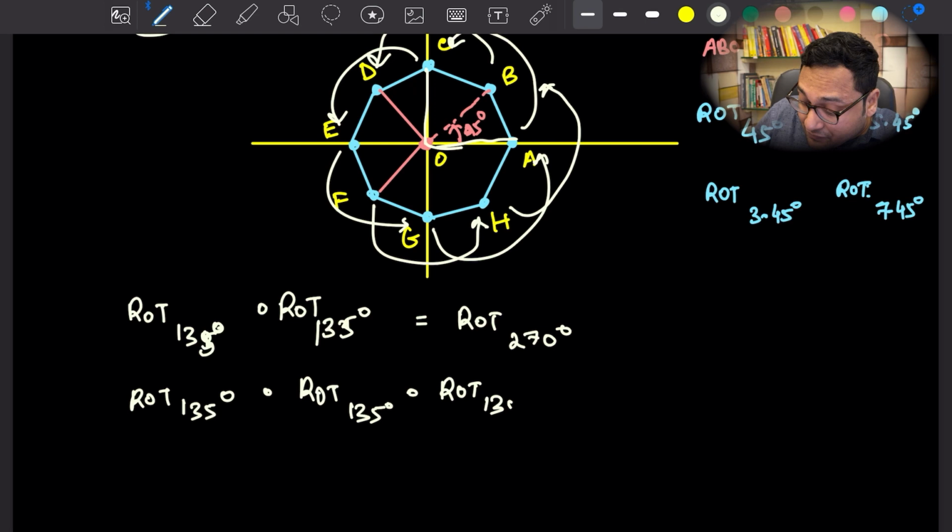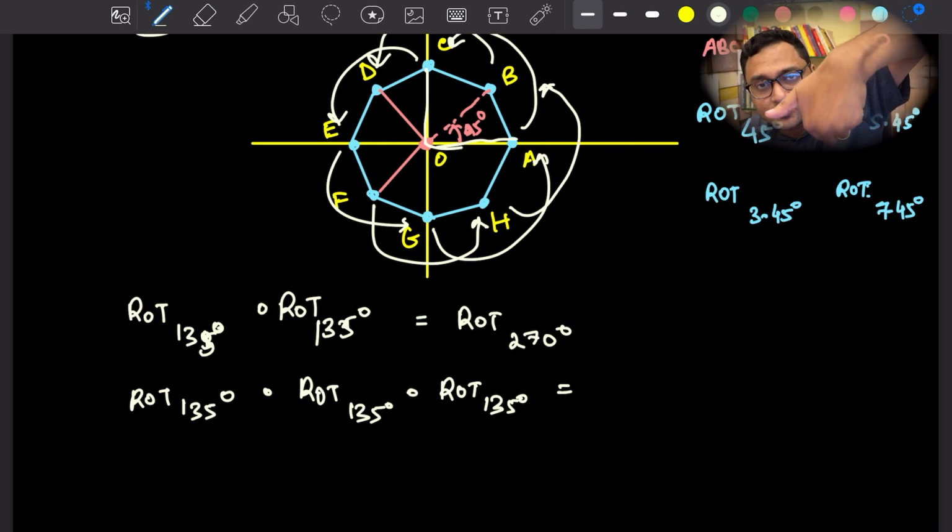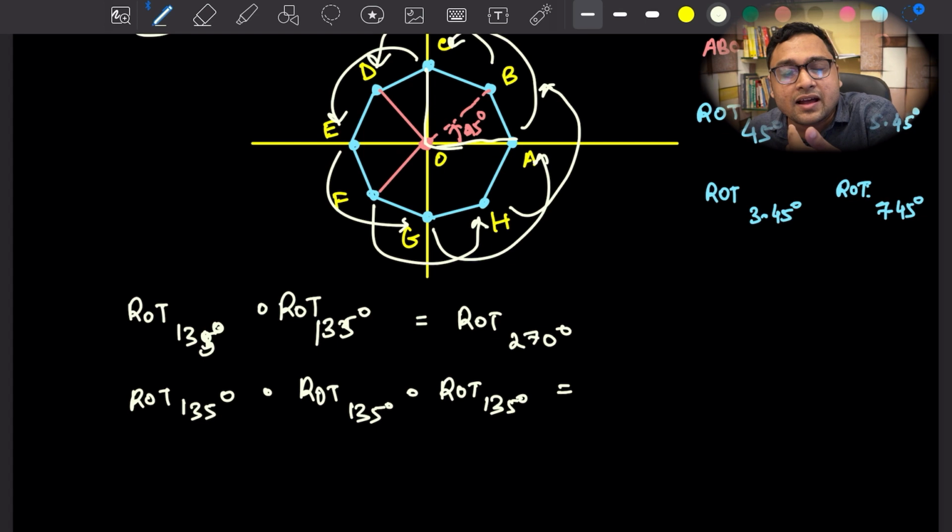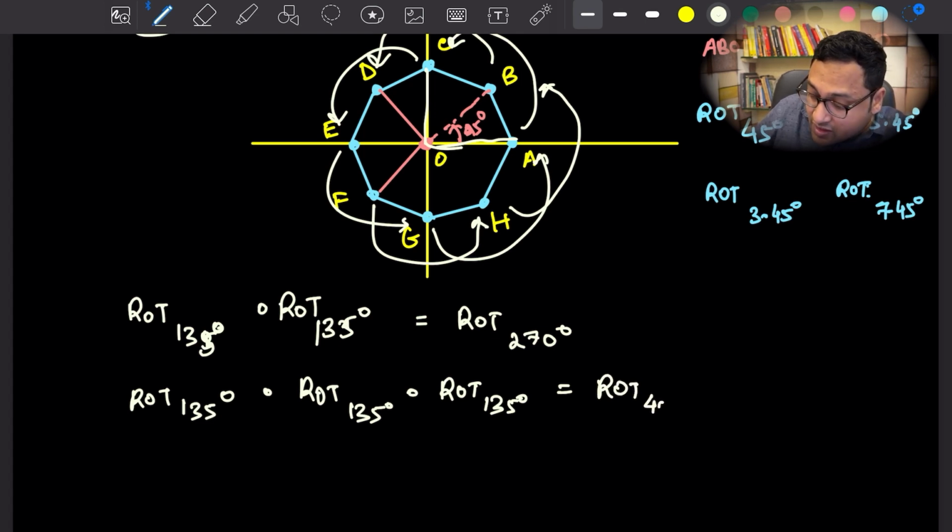If you do it 3 times, what do you get? Well, you rotate by 135 and then 135, that is 270, and then another 135, that is 405 degrees, right? That is rotation by 405 degrees, which is the same as rotation by 45 degrees, right?